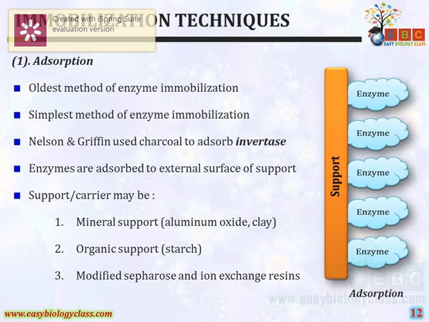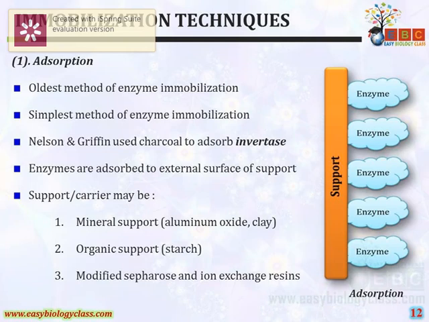Adsorption is the very oldest and very simple method of enzyme immobilization. In this method, the principle of adsorption is used to link the enzymes on the surface of the support matrix. Okay, this method was first used by Nelson and Griffin to link the enzyme invertase on the surface of charcoal.